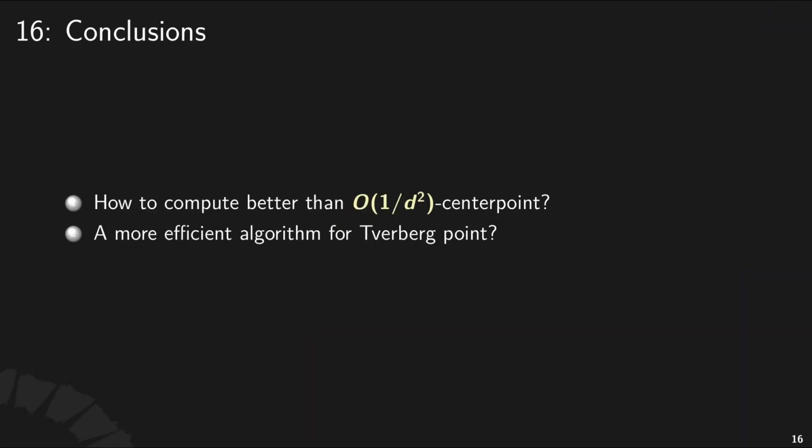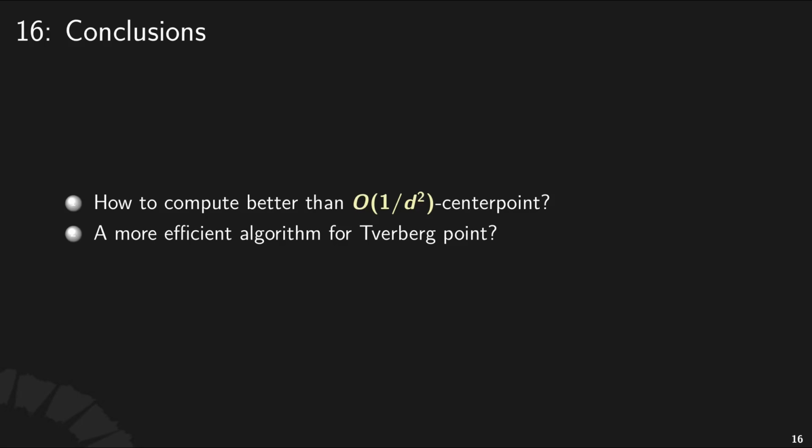Okay, so conclusions. I think the major question suggested by the work on this problem and by previous work is why do we have this d gap between the true centerpoint, the true Tverberg deepest point, and what we can approximate efficiently?